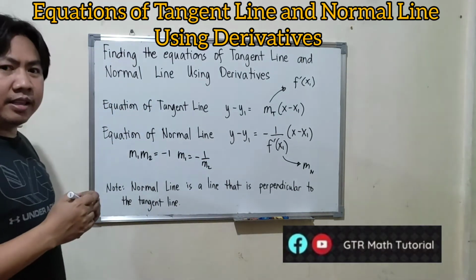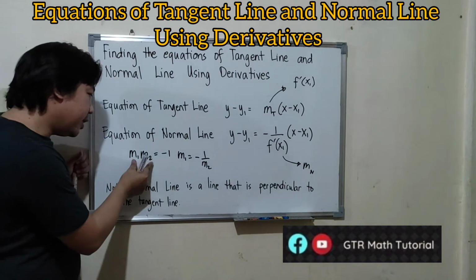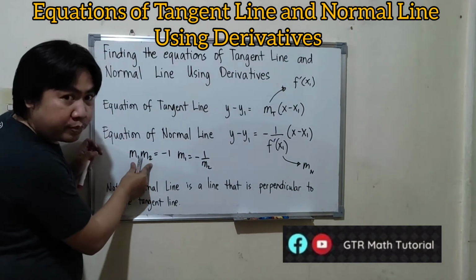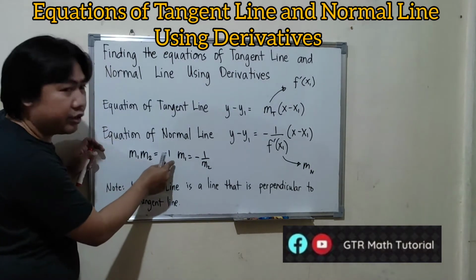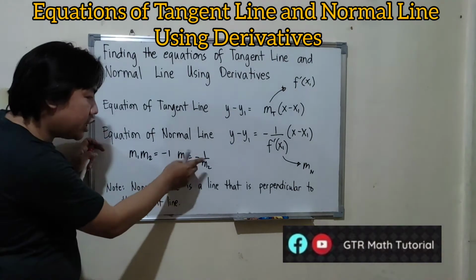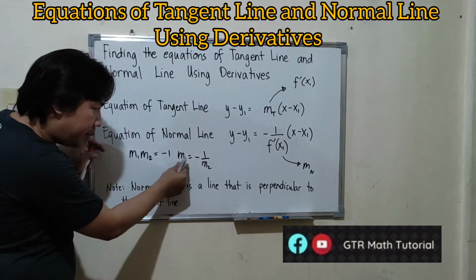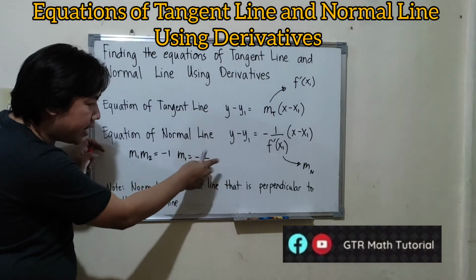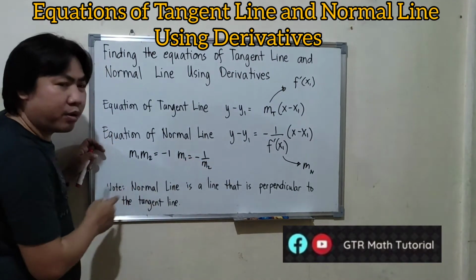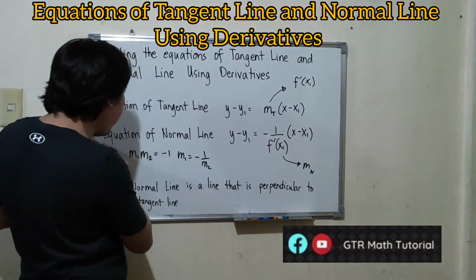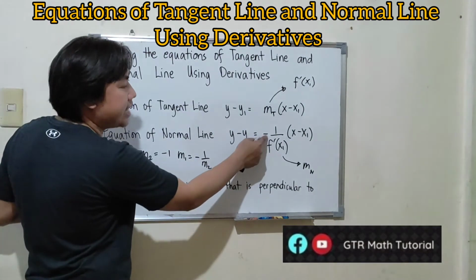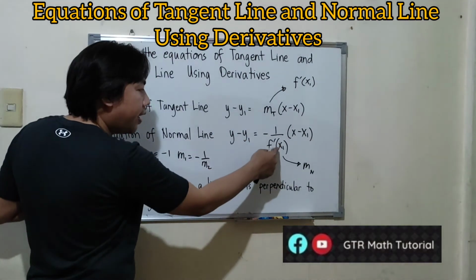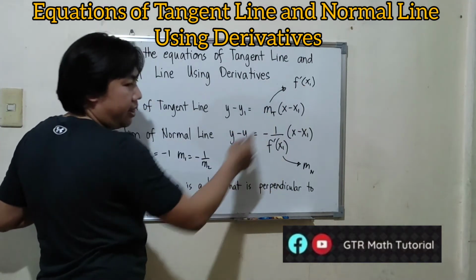The product of the slopes of two perpendicular lines is equal to negative 1, or the slope of the line perpendicular to a given line is the negative reciprocal. So that is why the formula for the slope of the normal line is negative 1 over f prime of x sub 1.